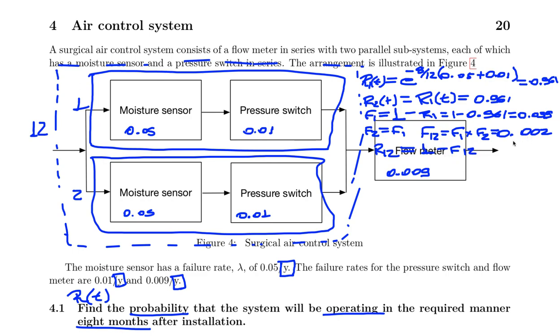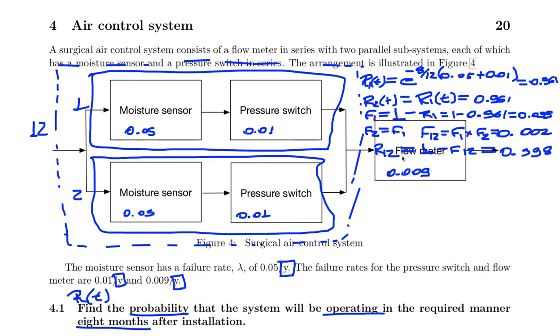So 1 minus 0.002, which is 0.998. And now I have the reliability of the 4 components.